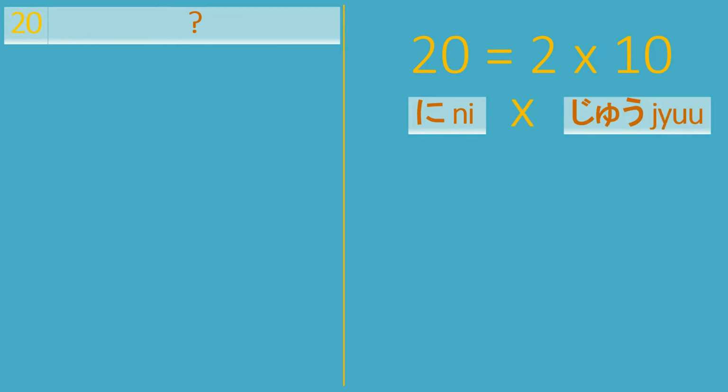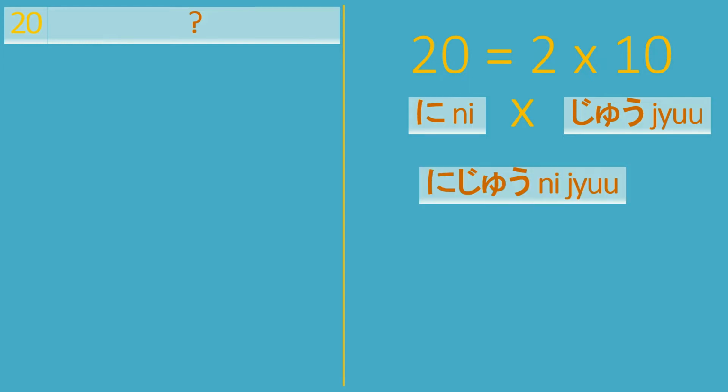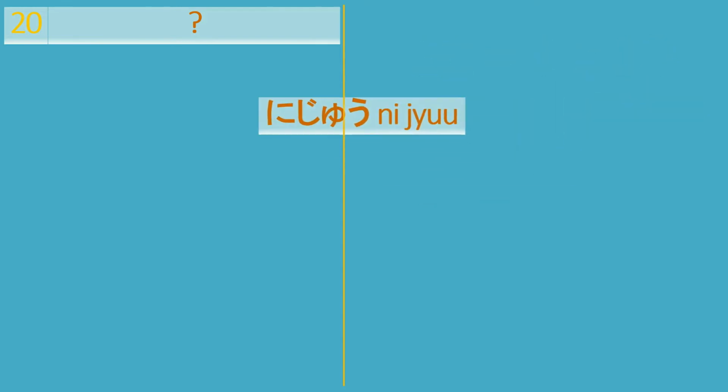Yes, it's ju. Okay? So, 2 times 10. Ang 20 ay magiging ni ju. Okay po ba? So, 20 is ni ju.